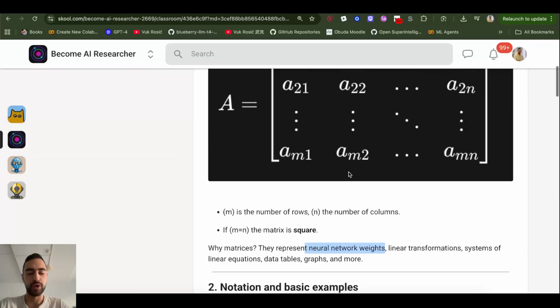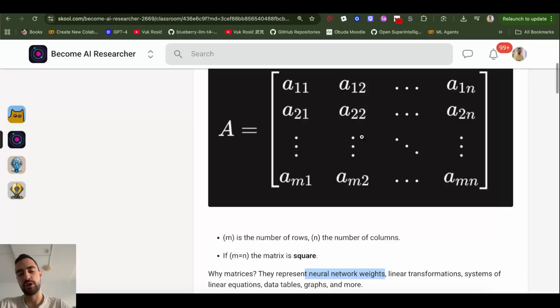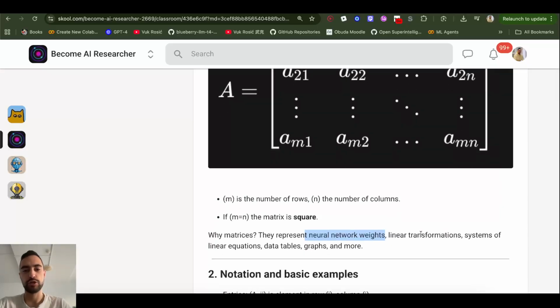Other than neural network applications, a matrix also represents linear transformations. So if you have a vector, you multiply that vector with a matrix, you will actually rotate that vector. By multiplying it with a matrix, you rotate it or stretch or squish.